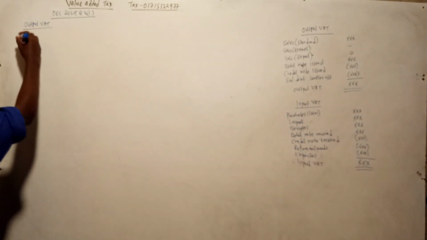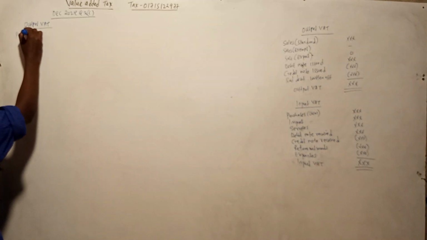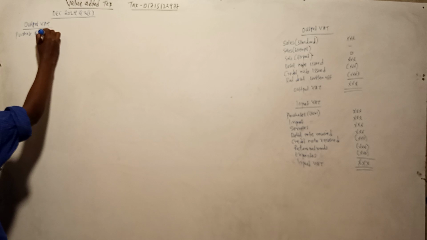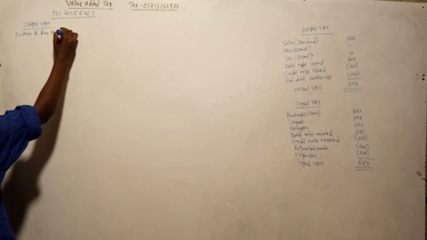So we have something to do with purchases. Now that is purchase of raw material, 2,981,200, inclusive of import duty of 25% and the VAT at a rate of 16%.